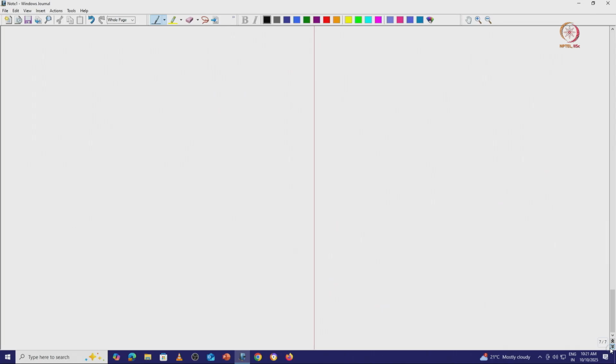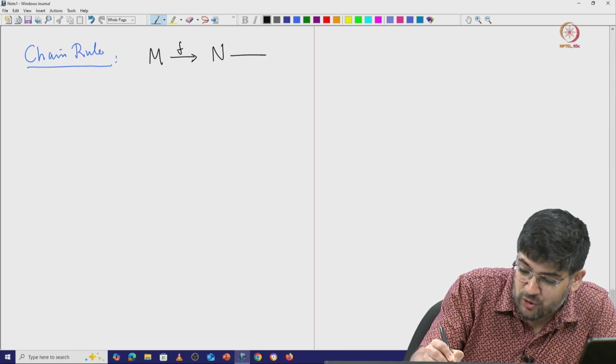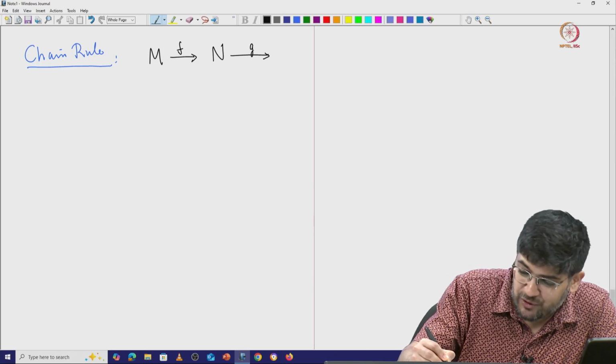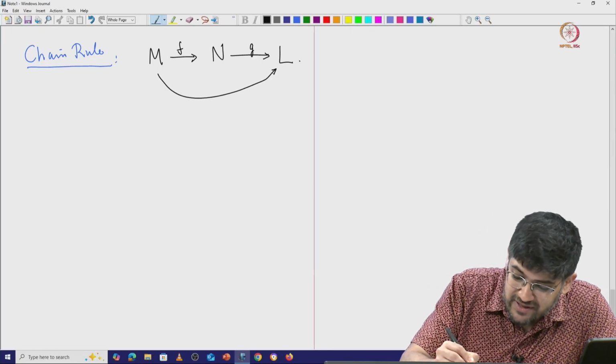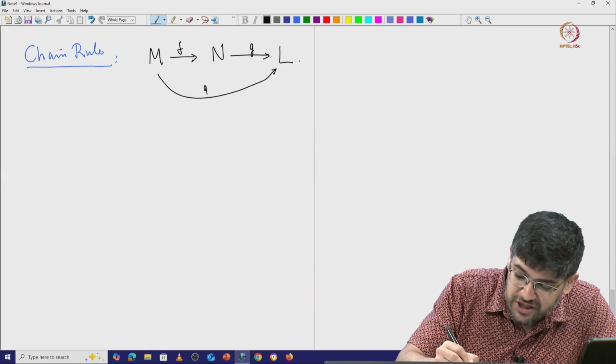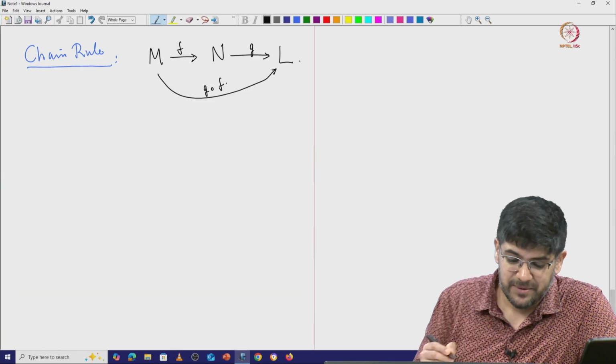Alright, so let me finish this lecture by discussing one of the most, if not the most important theorem in differential calculus, namely the chain rule. The chain rule actually takes a very simple form in terms of this derivative map. So the setting is, suppose you have a map f from M to N and a map g from N to some other manifold L, then you look at the composition, g composed with f.